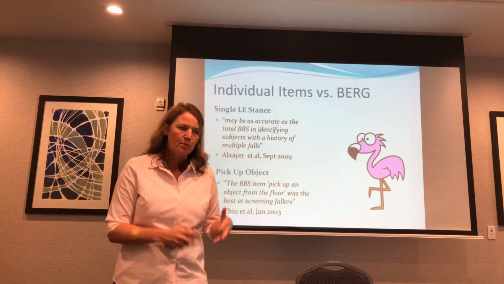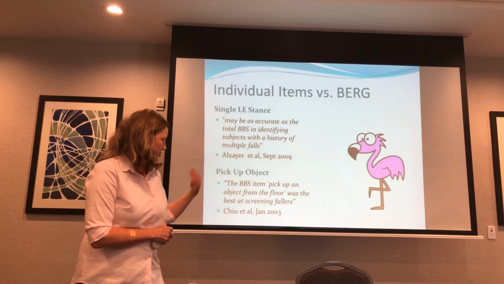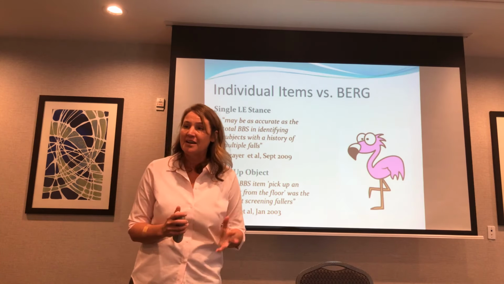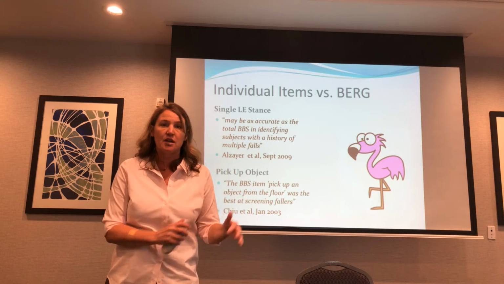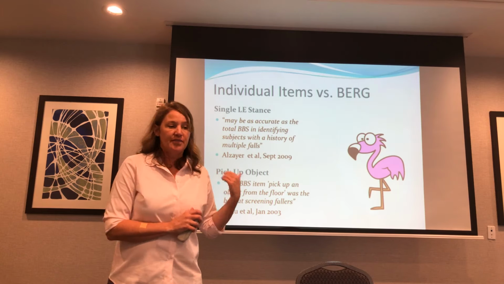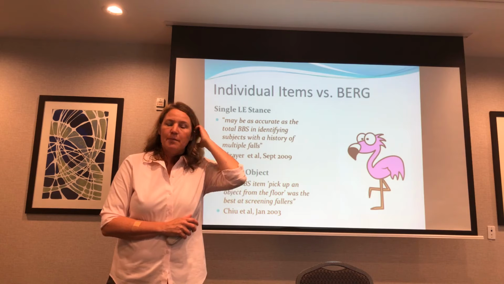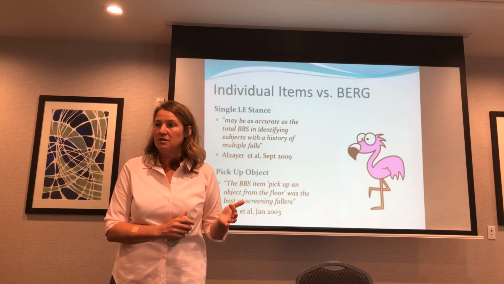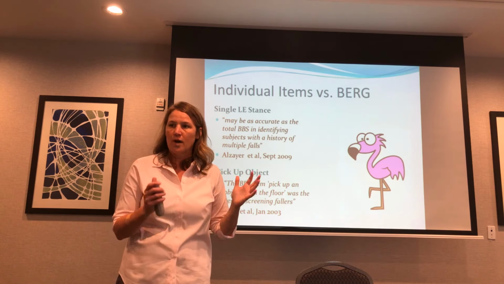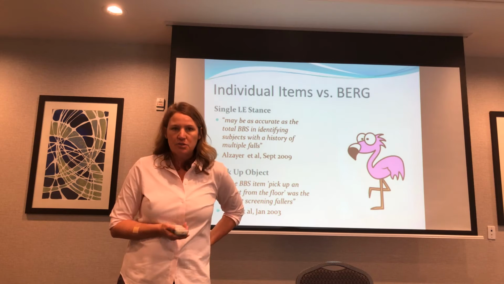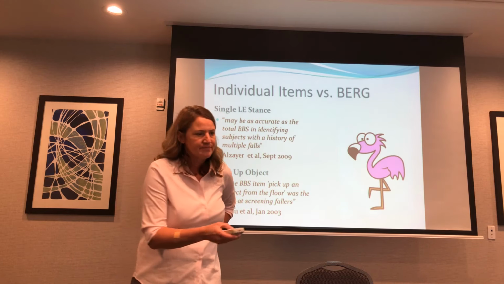If your purpose is to screen for fallers, a quick look, not an evaluation, this kind of thing matters. But if you're trying to do a full evaluation and come up with a holistic, well-rounded plan of care, I would do the whole test. Make sense?